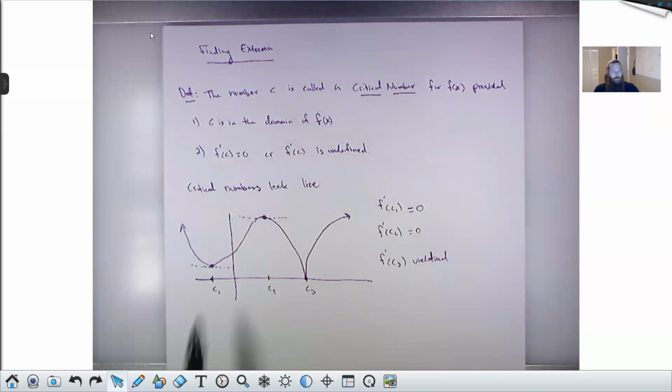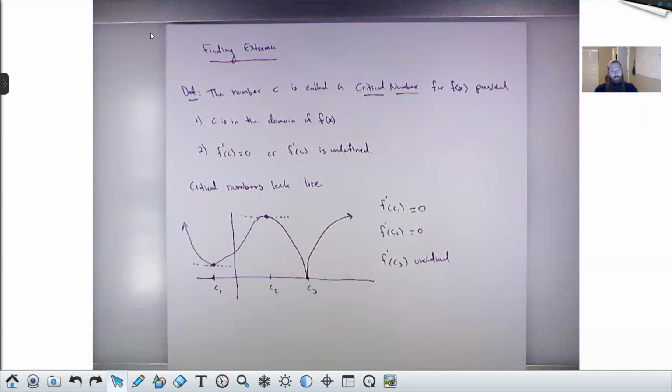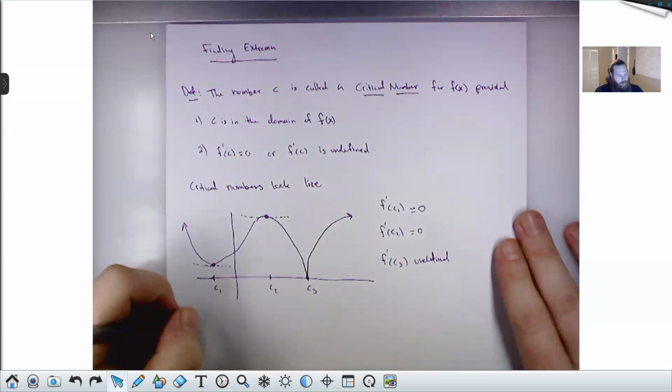And you'll notice that I've got a local min here, I've got a local max here, and I've got a local min here. And you can have cusps, pointy things that point up also. So you could have a local max coming from an undefined f prime as well. There's something called the first derivative test.